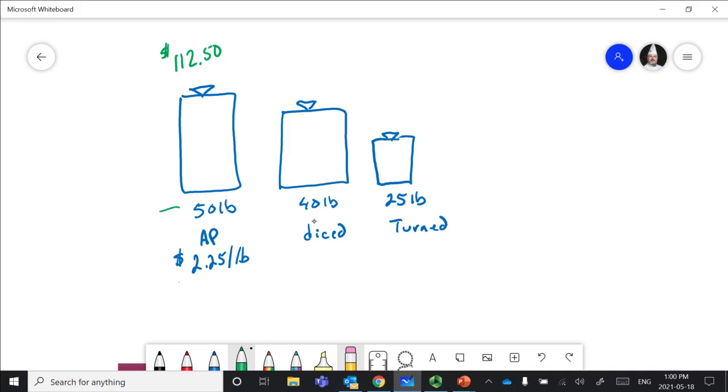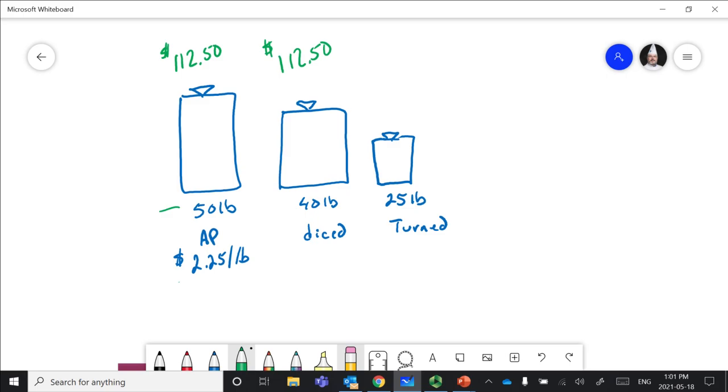Now, what are those 40 pounds worth? Well, we paid $112.50 for them, right? We still paid $112.50 for this bag. We just processed it, and we ended up with 40 pounds. 10 pounds went in the garbage, but we still paid $112.50, but now for 40 pounds.